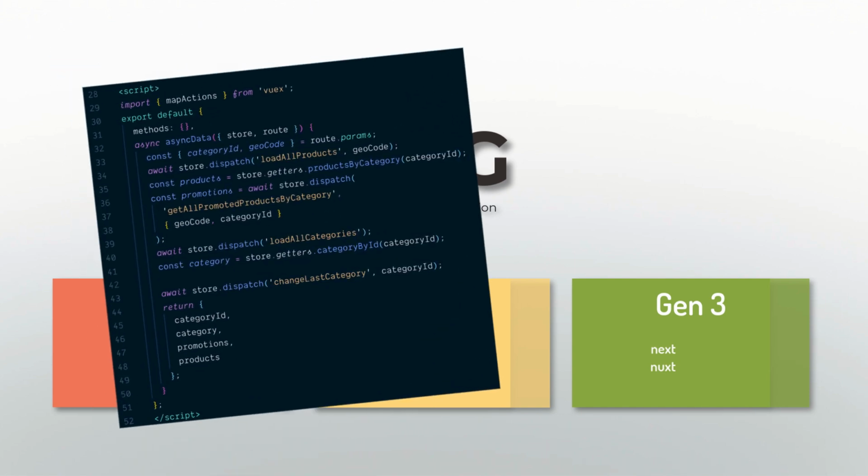So let's use a code example. This example is using the Nuxt framework on top of Vue.js. So now there is a hook that Nuxt brings in called asyncData. Basically what this allows is that whenever you go to a page or a component is instantiated, then you will call the asyncData method.